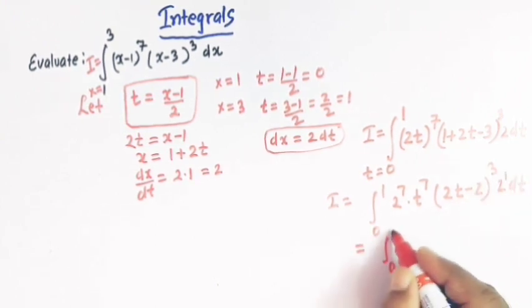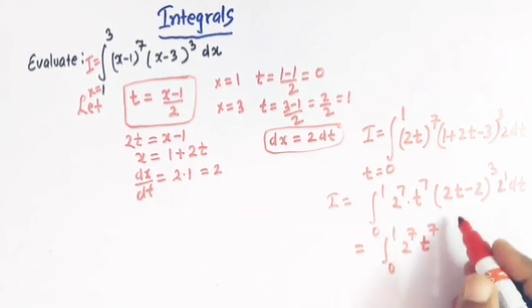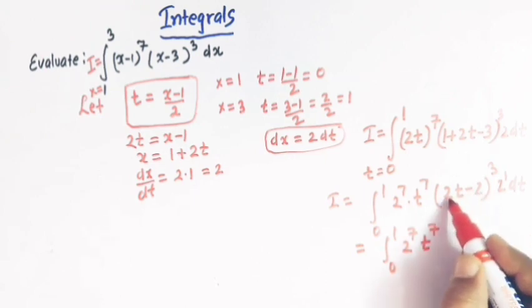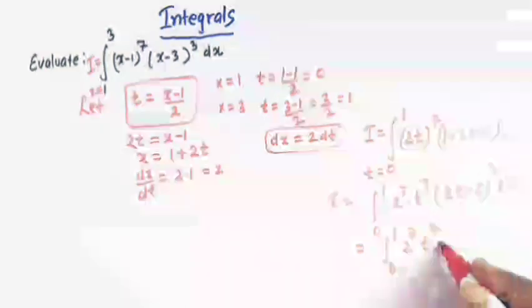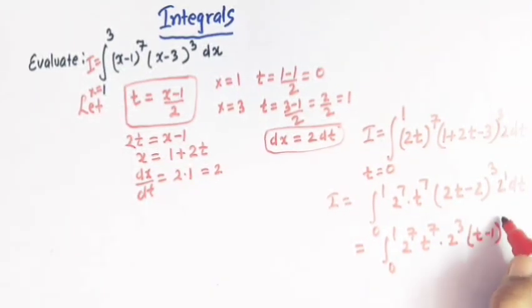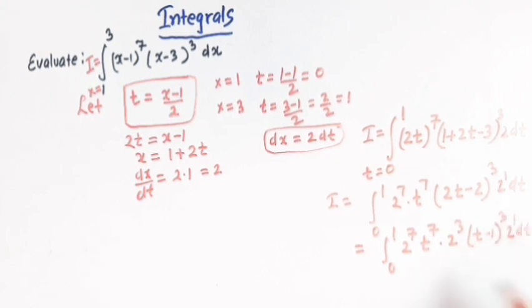Okay, so we have 0 to 1, 2 raised to 7, t raised to 7, and here 2t minus 2. So when we take 2 common, then we have 2 raised to 3, and here we have (t minus 1) raised to 3, and here we have 2 raised to 1 dt, right?